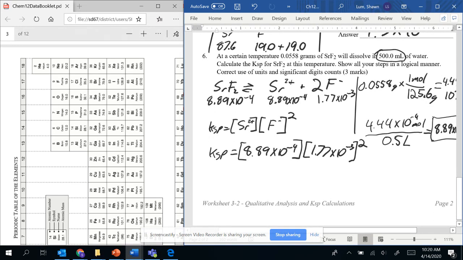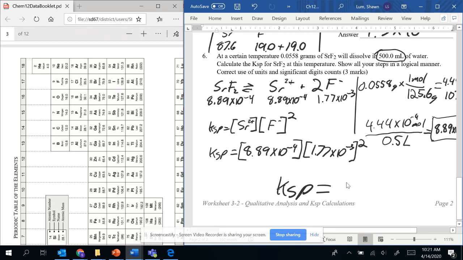Anyways, I'm going to plug this into my calculator to find out what my Ksp is. So we're going to square this number. Square equals, and then times 8.89 times 10 to the minus 4, I believe. Yep. Equals. My calculator isn't the best one in the world. It doesn't really like showing me all these numbers.